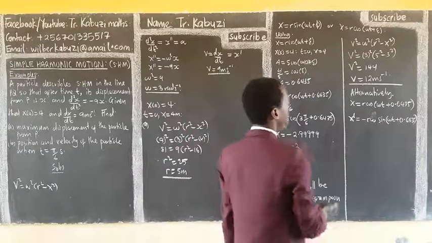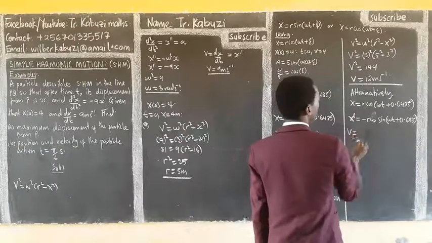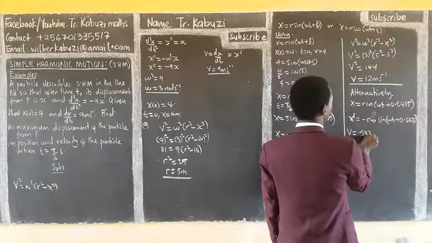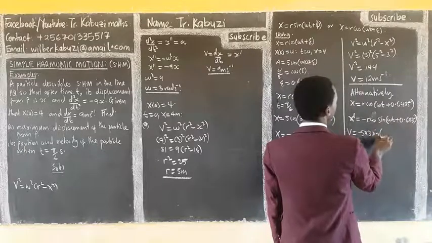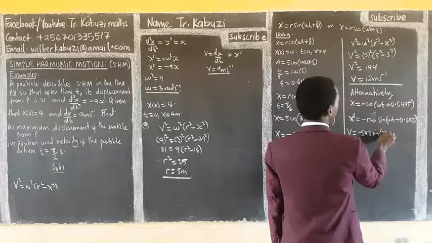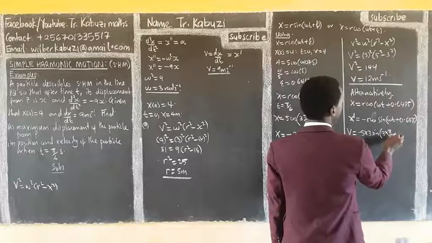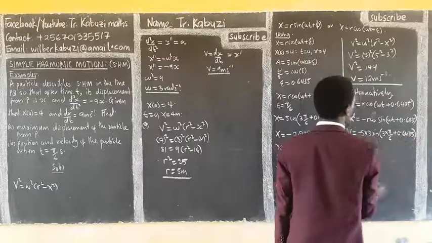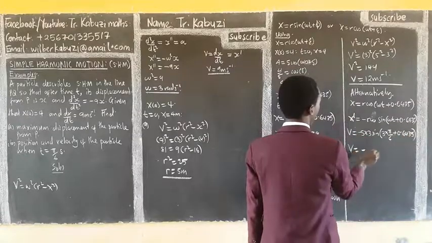So now my velocity is going to be negative 5 times 3, then sine of 3 times pi over 6, then plus 0.6435. From here, we are going to get a negative.